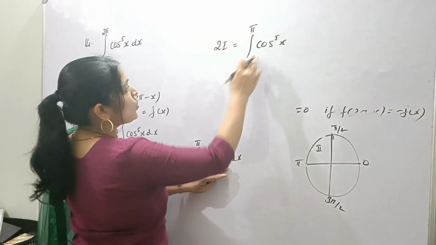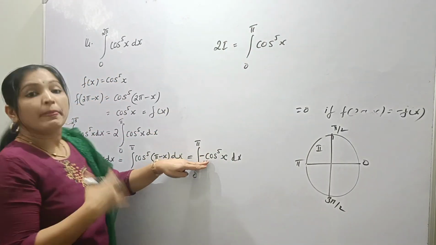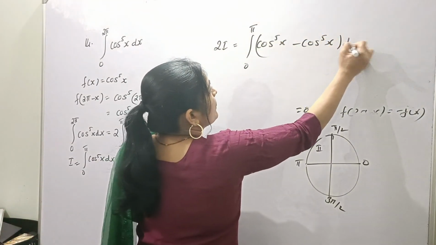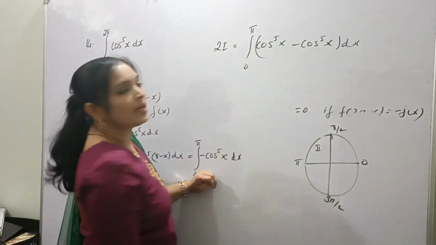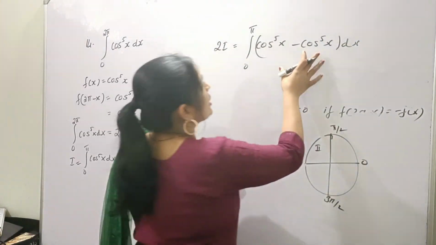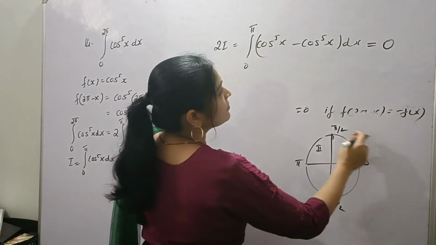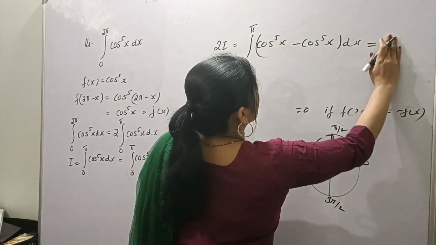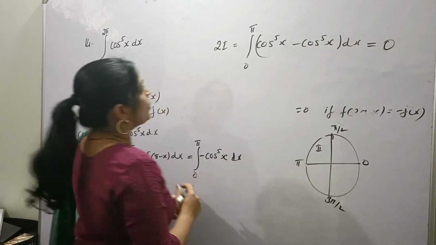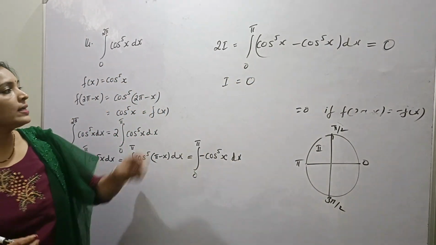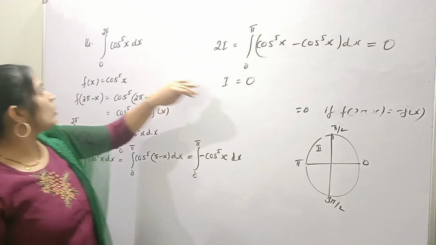That is 2I is equal to cos raised to 5x and minus cos raised to 5x dx. See, what is the integral of 0? 0, right? Yes, 0. Okay. So here, what is I? I is equal to 0, right? So I is equal to 0.